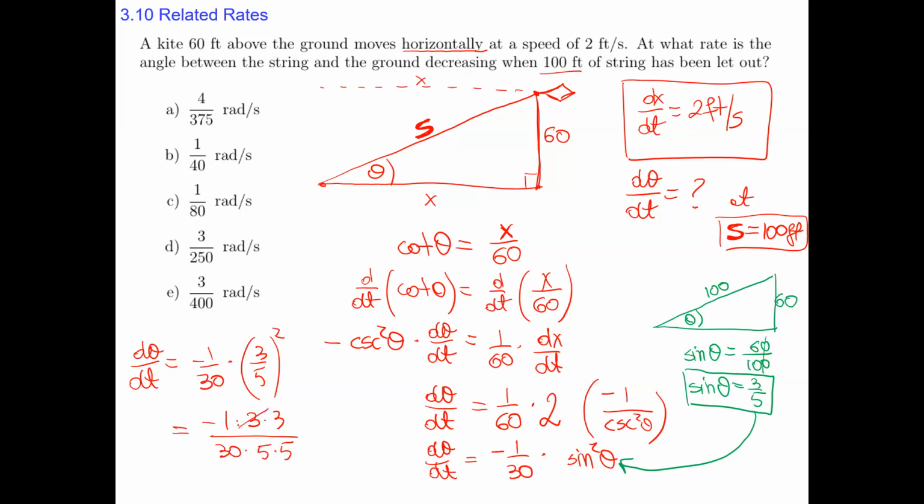We can divide by 3. That means we will have negative 3 over 5 times 5 is 25, and 0 because this will be 10. Okay, negative 3 over 25, and since the angle is in radians per time unit, and time was in seconds, this is the final answer.